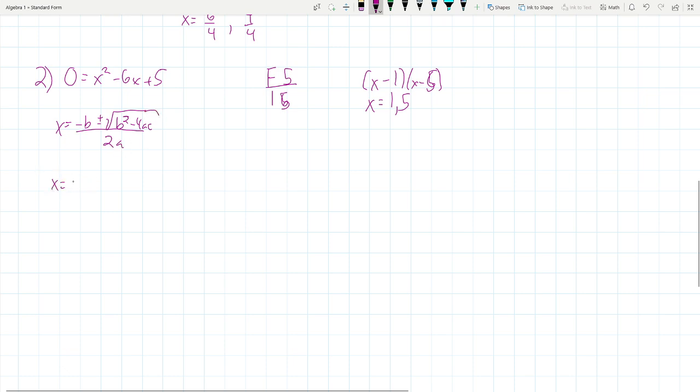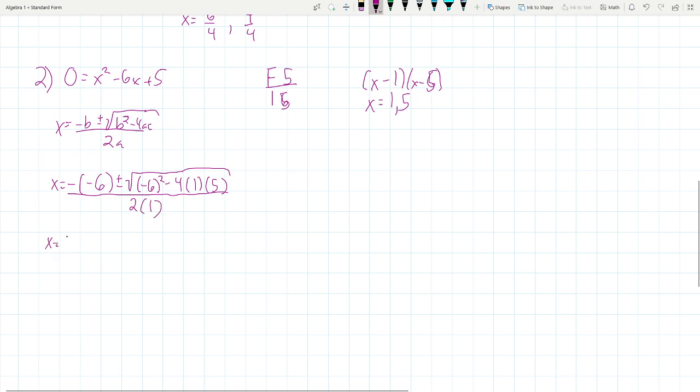So x equals the opposite of, this is negative 6, plus or minus the square root of negative 6 squared minus 4 times, my a value is 1, times c, which is 5. And this is all divided by 2 times 1.